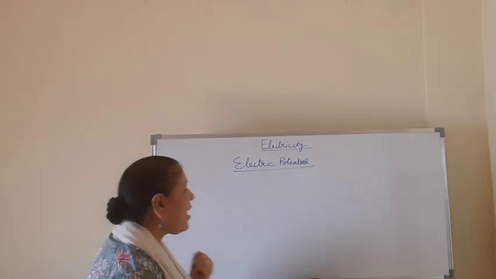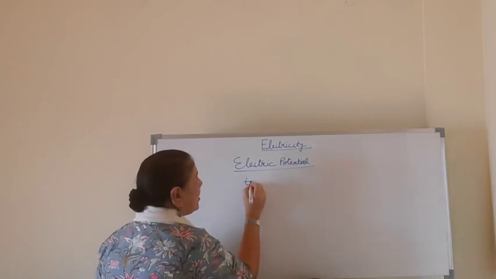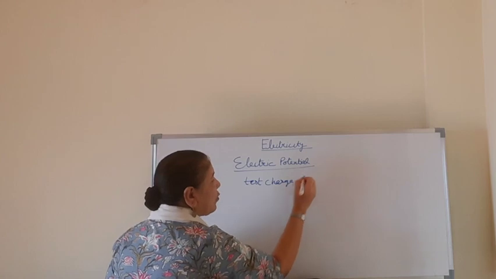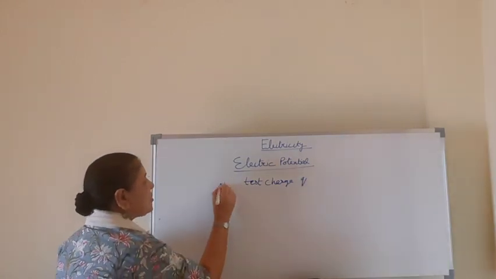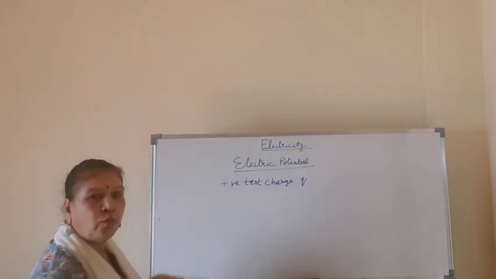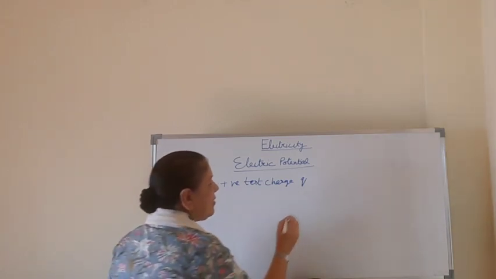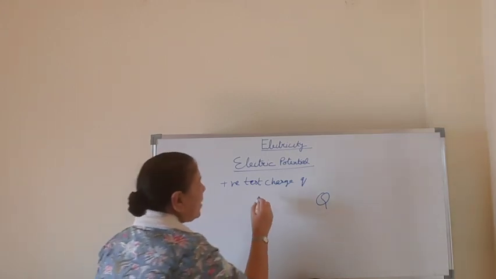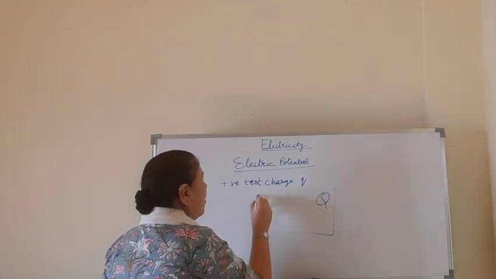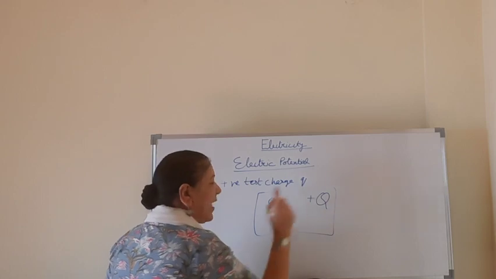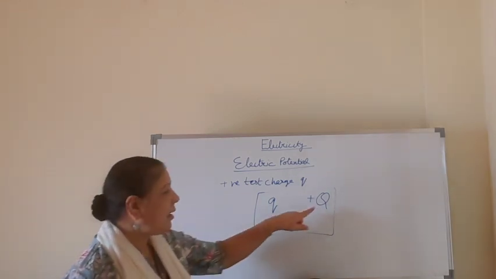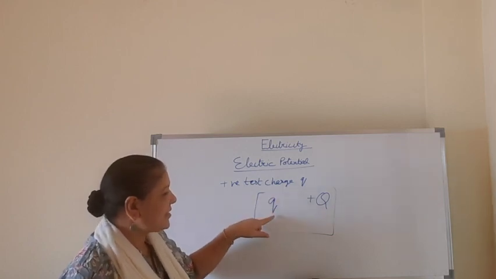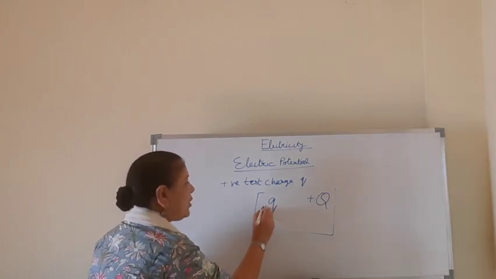Let's assume we have one test charge, small q, one positive test charge q, and it is somewhere closer in the electric field of another charge that is plus Q. So this is the source charge plus Q and this is the test charge, also plus q, small q.